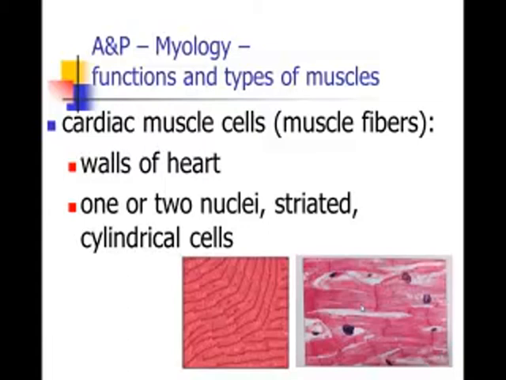Their cells are cylindrical. You'll find this kind of interesting. If you read enough physiology books, you'll find that sometimes cardiac muscle is lumped in with smooth muscle, but it does have characteristics of smooth muscle, and it does have characteristics of skeletal muscle, and it is fairly unusual. So I think it really merits its own category.